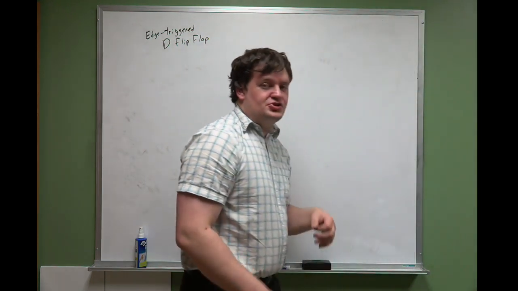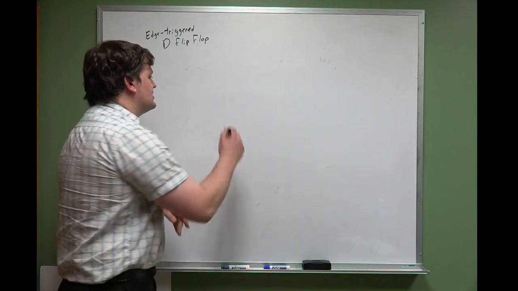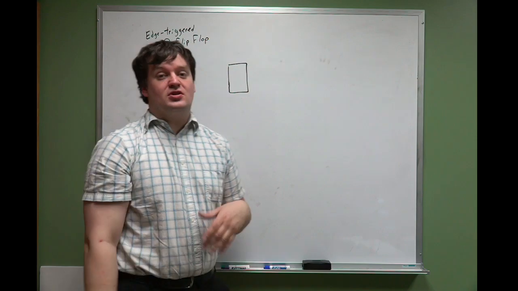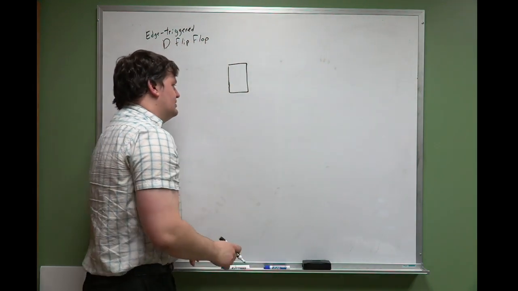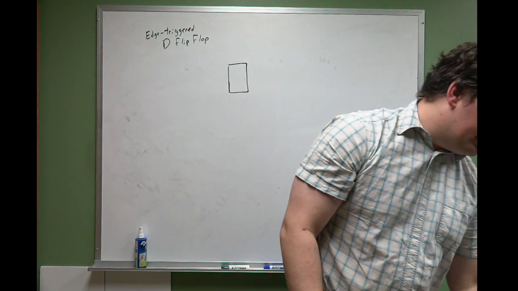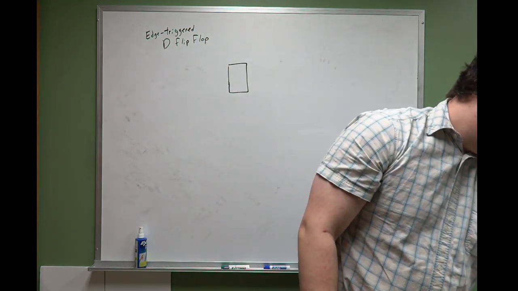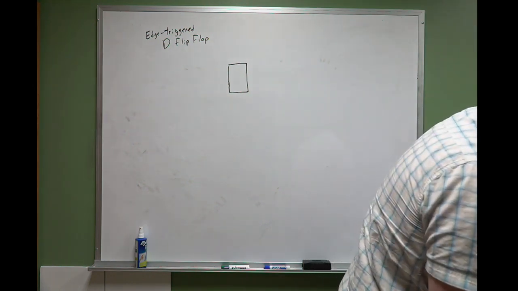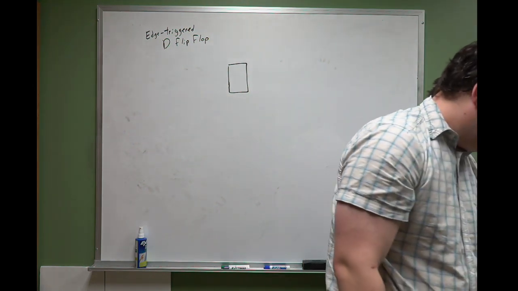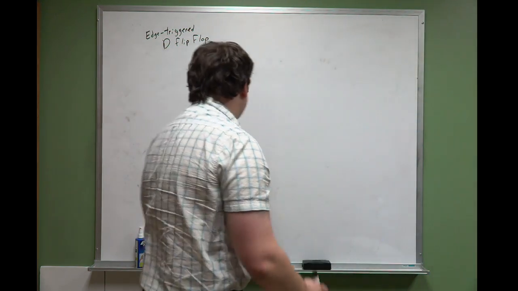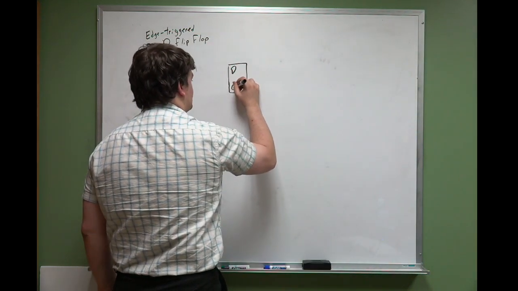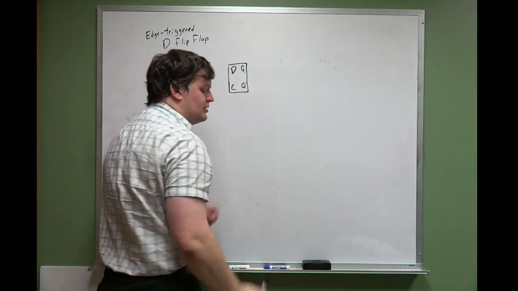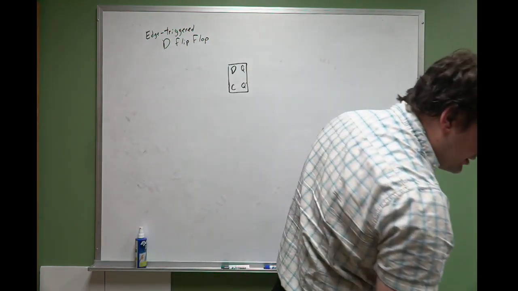So the thing about an edge triggered D flip flop is, once again, I'm going to draw this as a square. It's pretty common for these to be drawn as squares. And then what I'm going to have come into this is, let me see the diagram the book has. There's a D, a C, a Q prime, and a Q. That's also common as a Q naught.